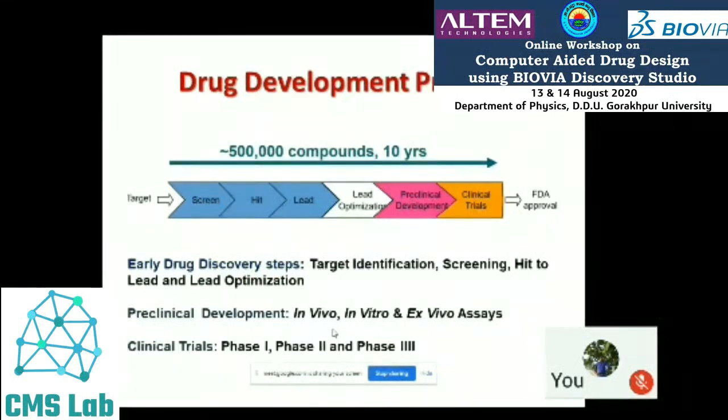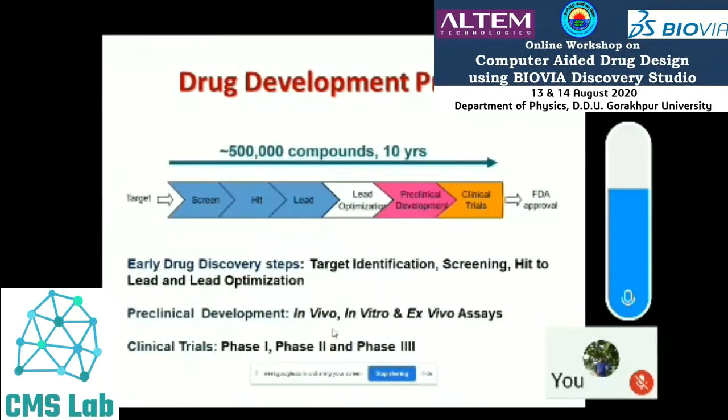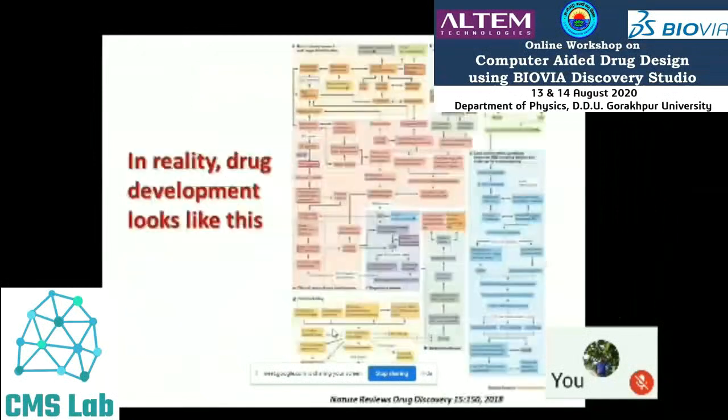They test the safety, efficacy, and toxicity, and whether there are any side effects of the drug. All this process is very lengthy. In the last slide it looked simple, but in reality it's very complex.